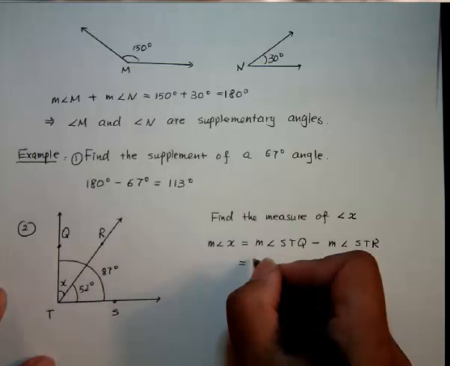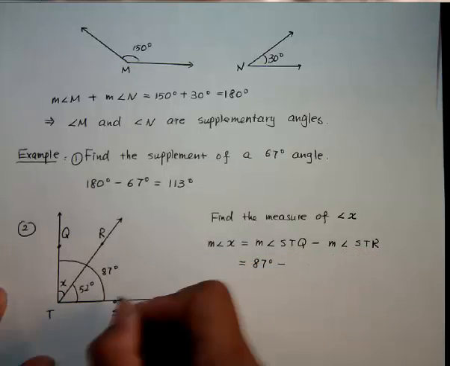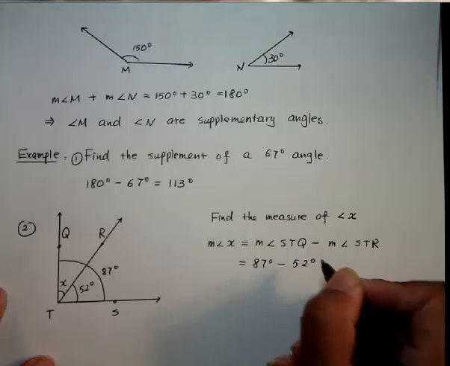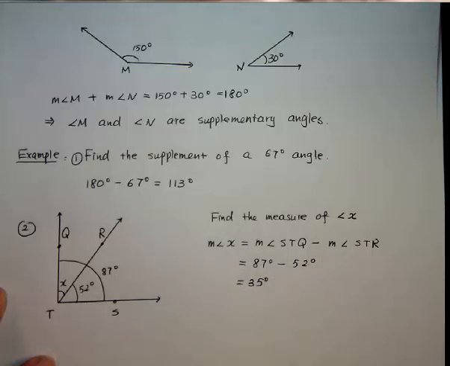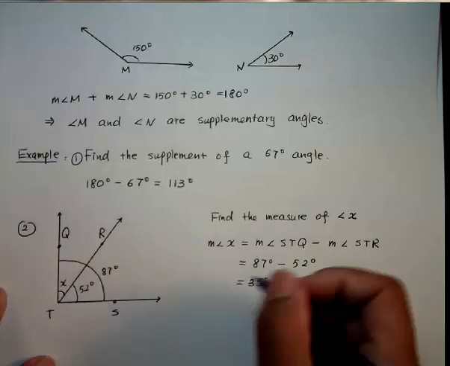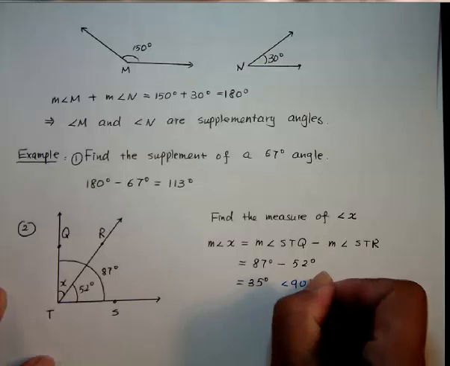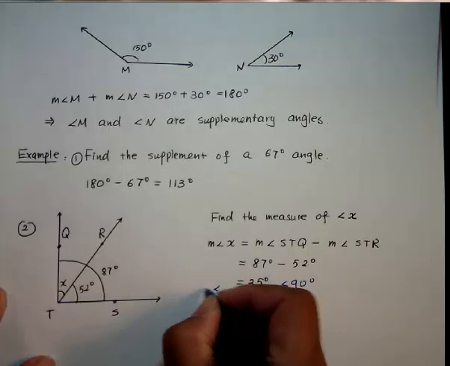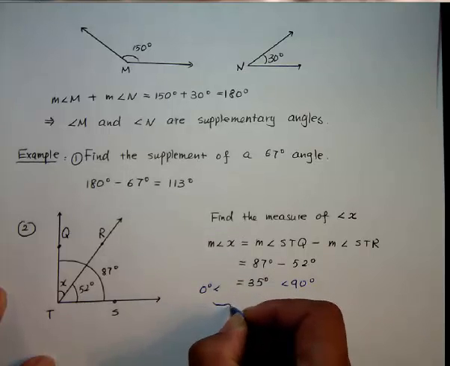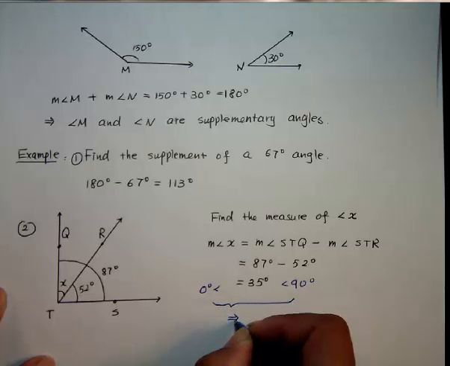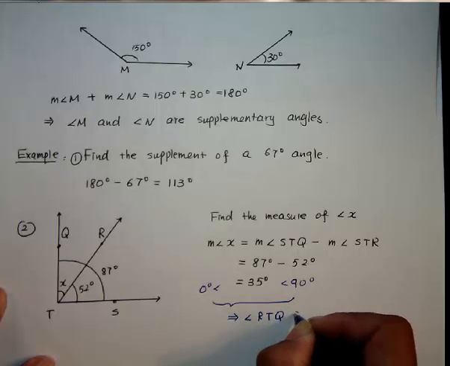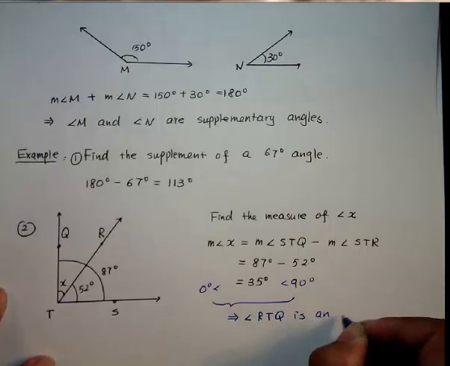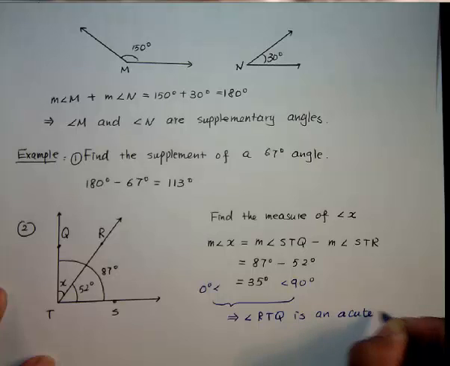STQ measurement is 87 degrees. Subtract the 52 degrees. That will be 35 degrees. Alright, this angle's measurement is less than 90 degrees, and also this number is greater than 0 degrees. So from here, we know that angle RTQ is an acute angle.